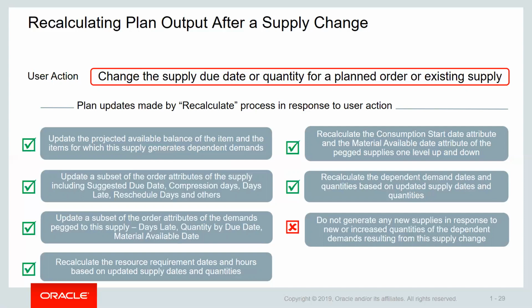In addition, the recalculate function updates some of the order attributes of the demands pegged to this supply, such as days late, quantity by due date, and material available date.